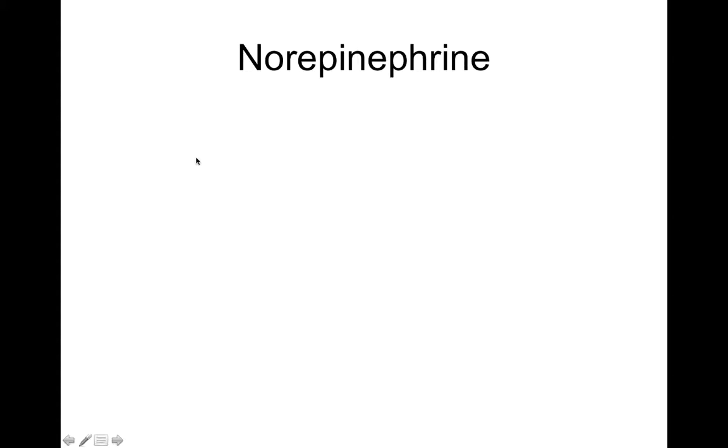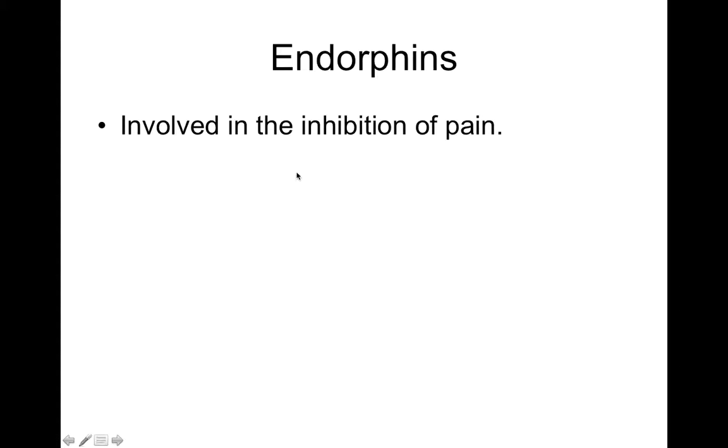Next, norepinephrine affects arousal, wakefulness. Arousal, like waking up, wakefulness, staying awake, learning, memory, and mood. Okay, and it's also one of those fight or flight hormones. Endorphins are involved in inhibition of pain. So these may be responsible for that runner's high that people get when they run.